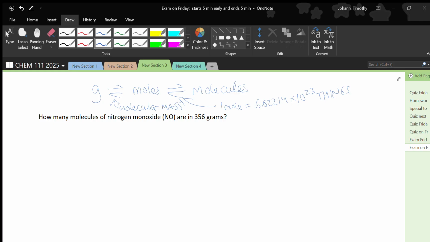Write out grams equals 1 mole. So I asked you to write out grams equals 1 mole. I want you to think about it like a conversion factor, not like a thing.